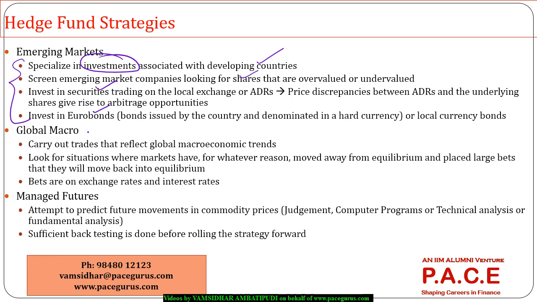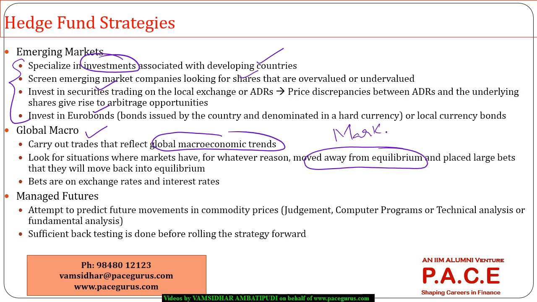And there are a few strategies which are typically global macro strategies. Based on how the global macroeconomic variables are expected to move, the trades are placed accordingly. Wherever the markets have moved away from equilibrium, research is conducted to identify those markets, and positions are taken in them under the simple assumption that the markets will have to move back to equilibrium at some point or the other.